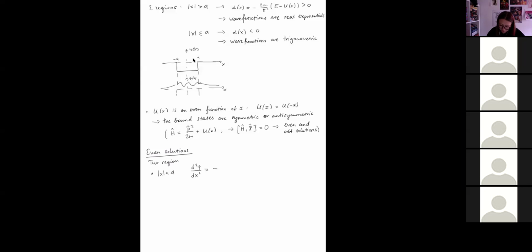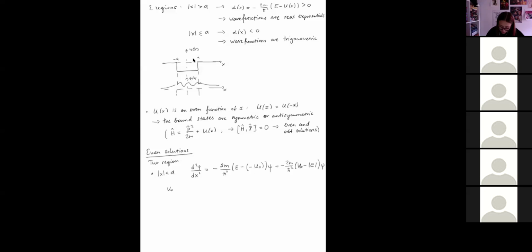the following differential equation: second derivative of psi equals minus 2m over h bar squared (E minus U0) psi. This is just minus 2m over h bar squared (U0 minus modulus E) psi.